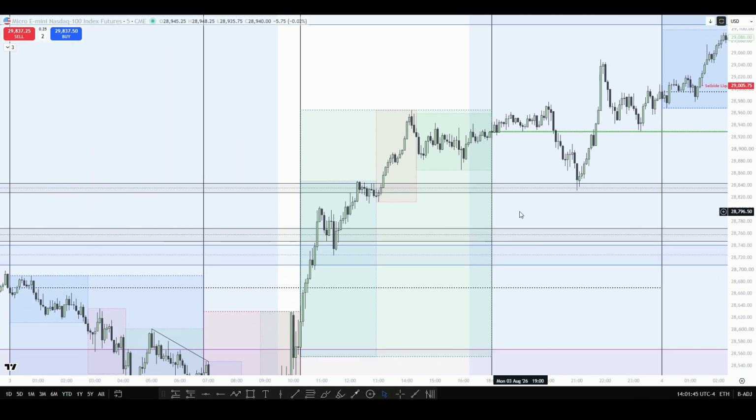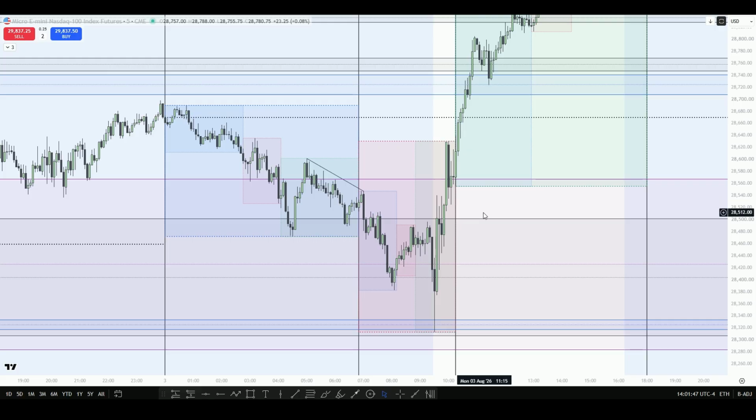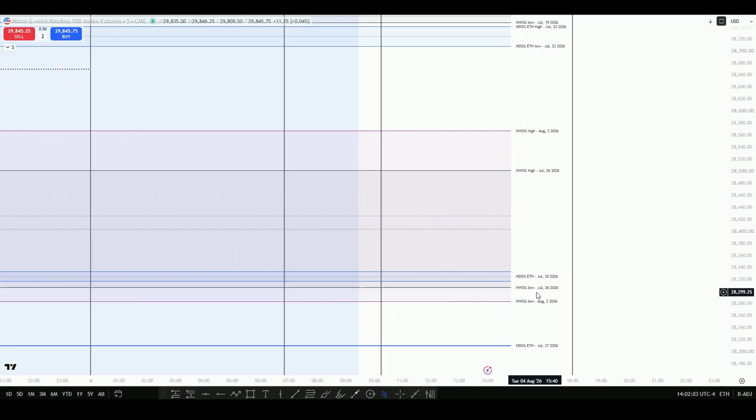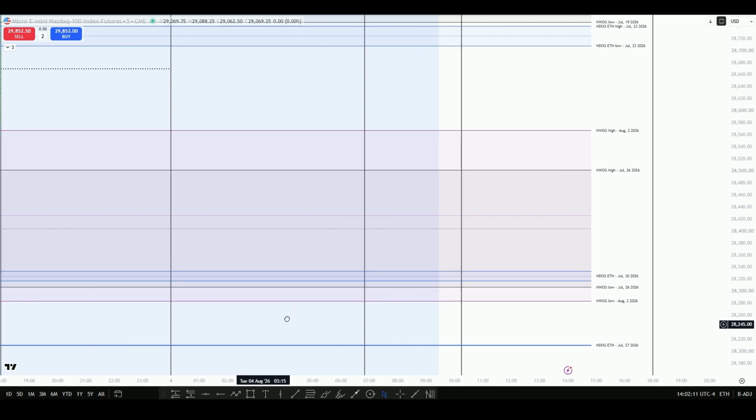So moving on to yesterday. Look at this. Yesterday, during the manipulation phase, we dropped aggressively into this new day opening gap. I don't even remember what that is. That is July 30th, if I'm not mistaken.